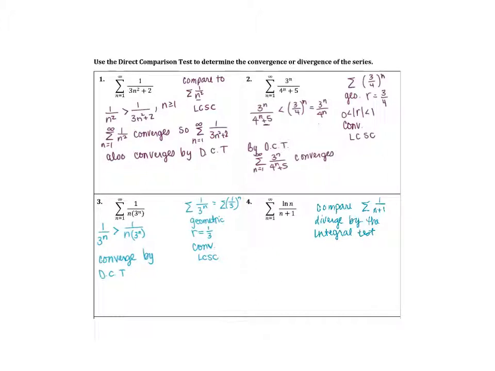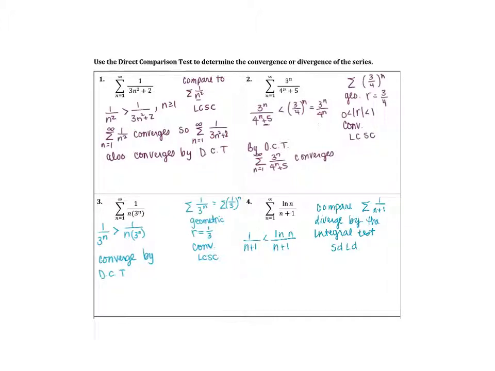Okay, so if we're talking about diverges, then we need to talk about small diverges, then large diverges. And so here we do see that 1 over n plus 1 is certainly smaller than the natural log of n over n plus 1.